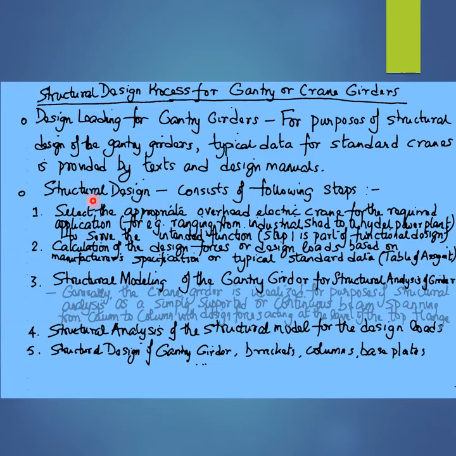Depending on the application or the function of the overhead traveling crane that is required, for example, an overhead traveling crane in an institutional building, laboratory, that may be a light hand-operated crane ranging to a heavy power-operated overhead electric crane that would be required in a hydroelectric power plant.